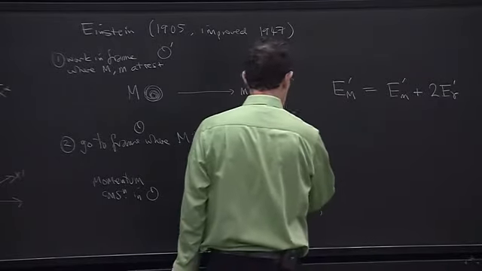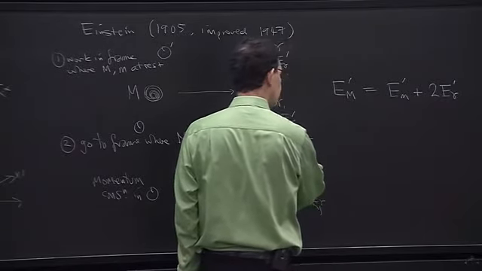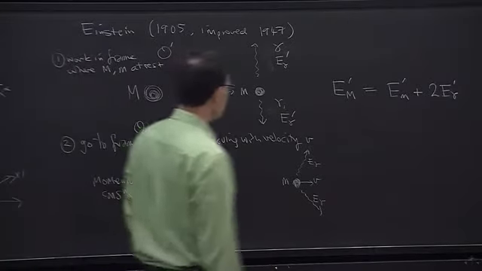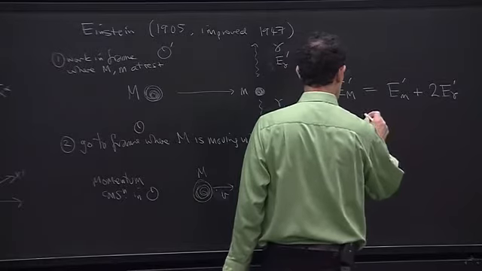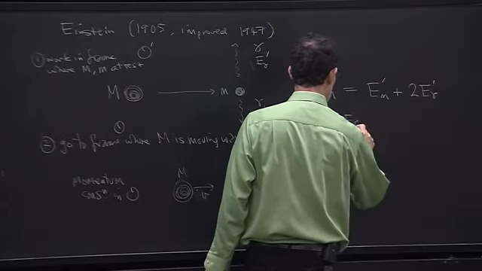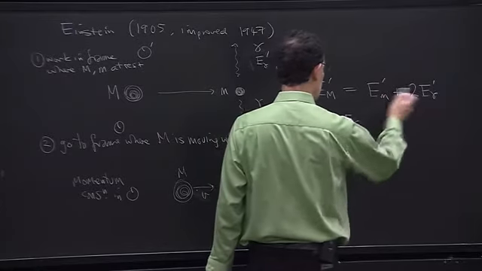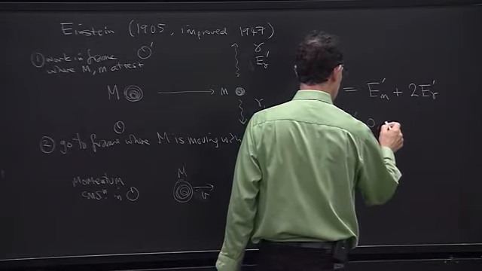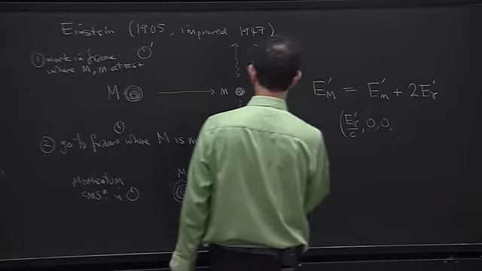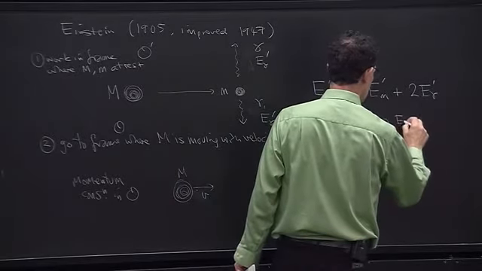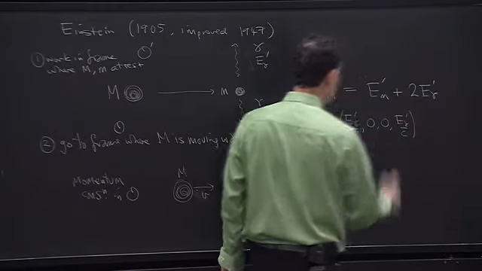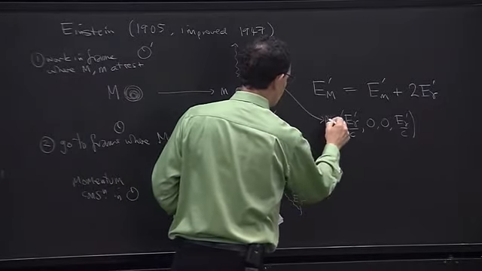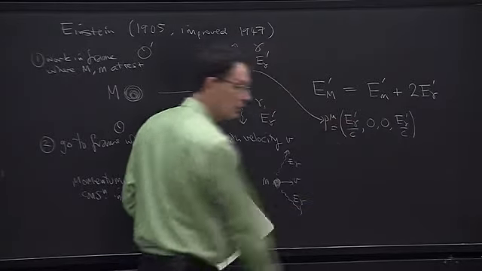Now, what's the relationship between this energy and that energy? Well, it's not hard to see. You can do it with a Lorentz transformation. If you believe energy is a 4-vector, right, then in this frame, my 4-momentum of a photon is, so the pz is, okay, so this photon has the following 4-momentum, right?